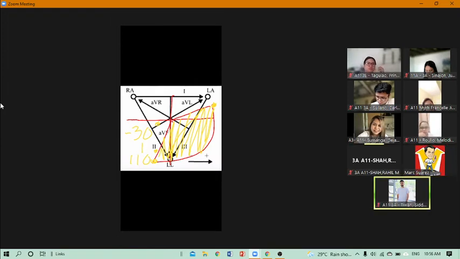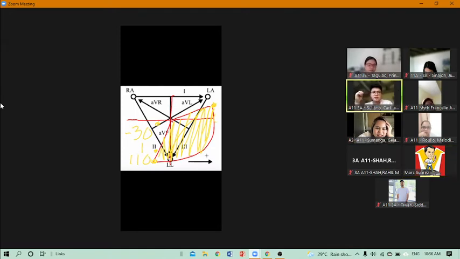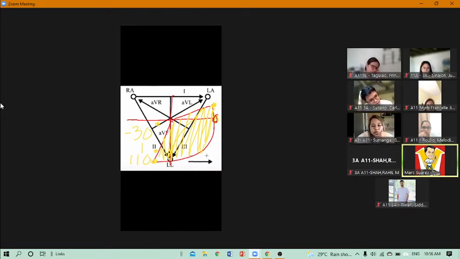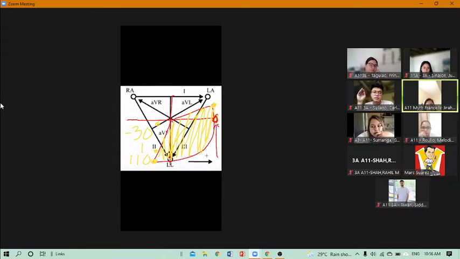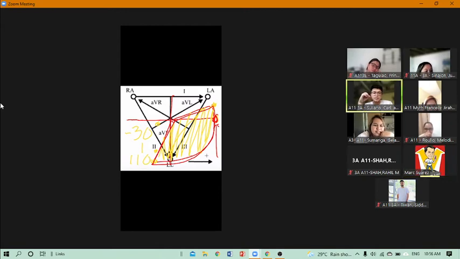It is normal because 0 falls within the negative 30 to 110. So where's 0? This one, right? Yes, Doc. So is 0 within the range of negative 30 to 110? Yes, Doc.